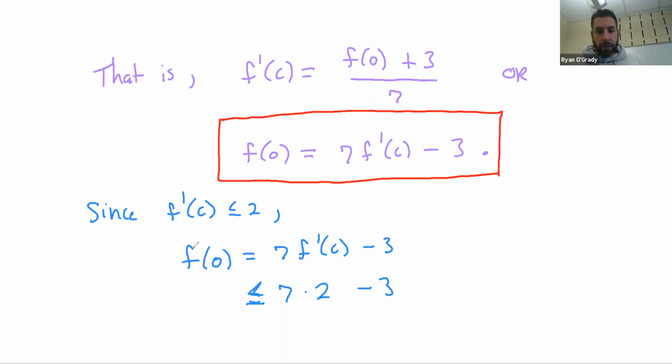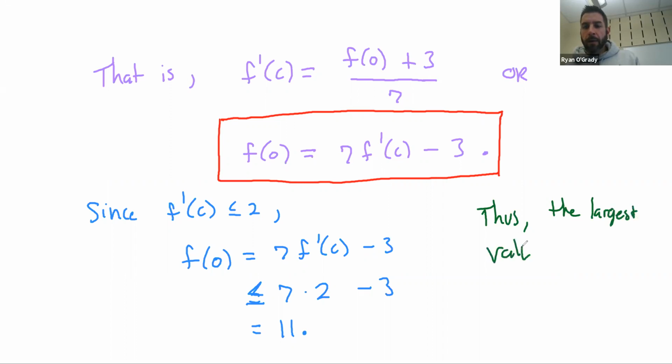And of course you could calculate that. This is equal to 11. 14 minus 3 is 11. And so what we've just shown is the following. Thus, the largest value of f of 0 is 11.